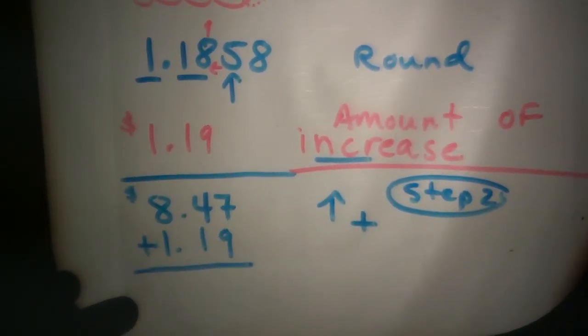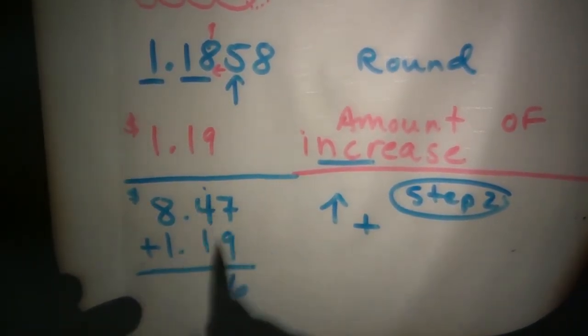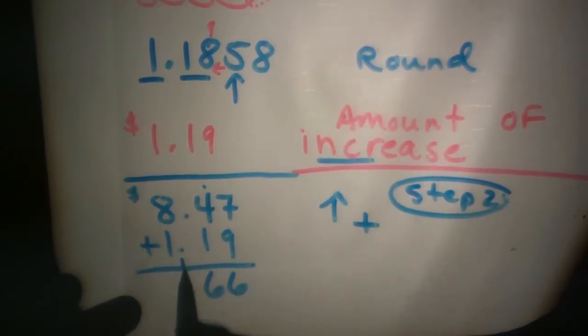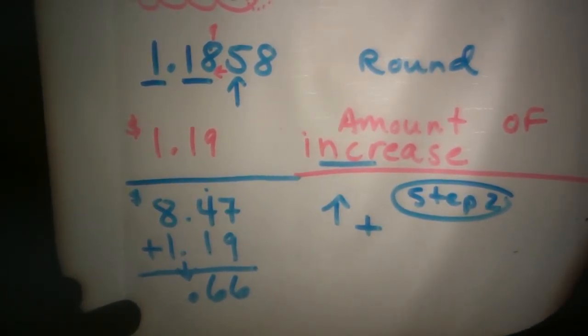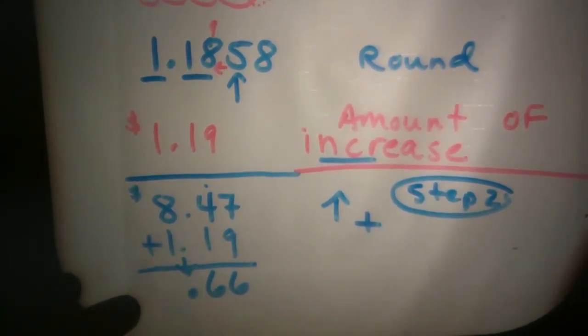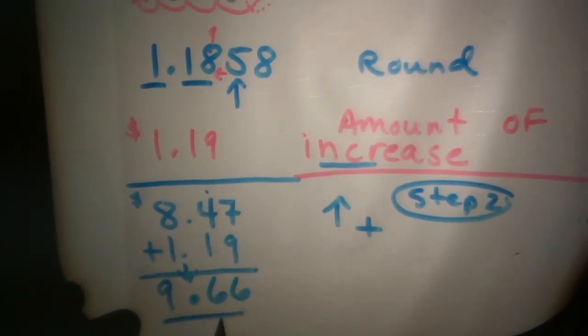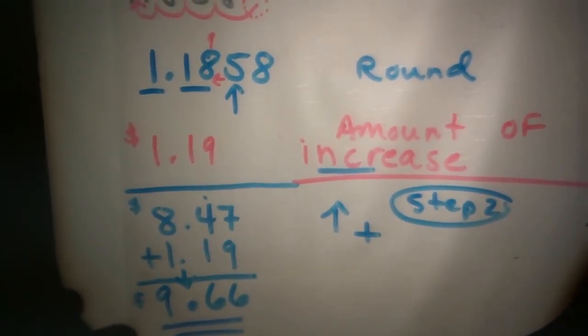So 9 plus 7, 16, carry the 1, we have 6. This is addition, so you just bring down the decimal in this case, because it's addition and subtraction. We don't move over spaces, we just bring it down. 8 plus 1 is 9. What does this amount tell us?